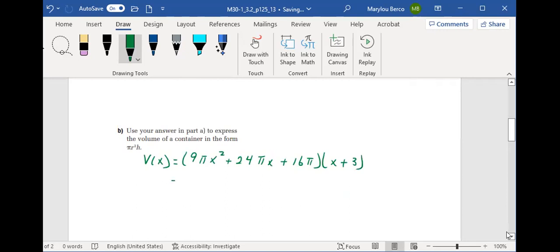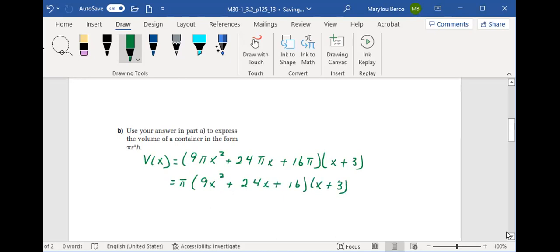Okay, taking out pi as a common factor, we have pi times 9x squared plus 24x plus 16 by x plus 3.